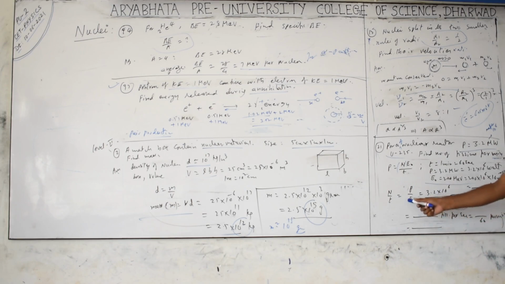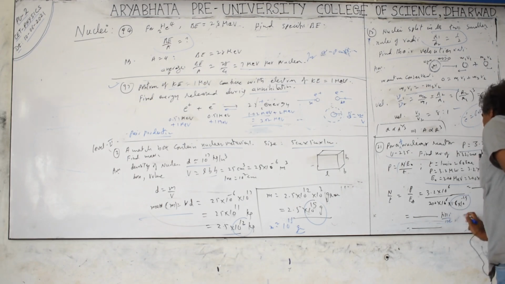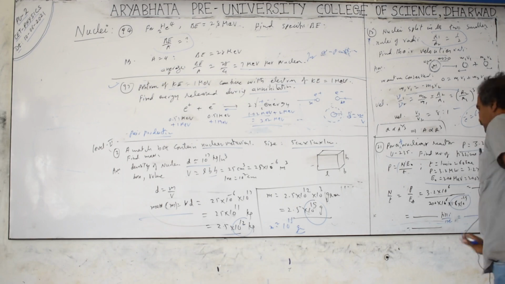That n by t, you will get per second. Per second means 1 by 60 of a minute. So this is fissions per second, and per minute means multiply by 60, please. Multiply this by 60 and you will get per minute.